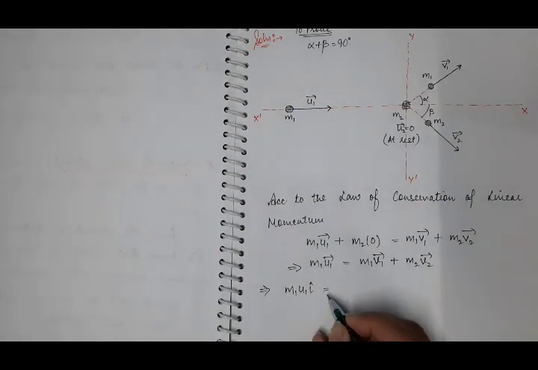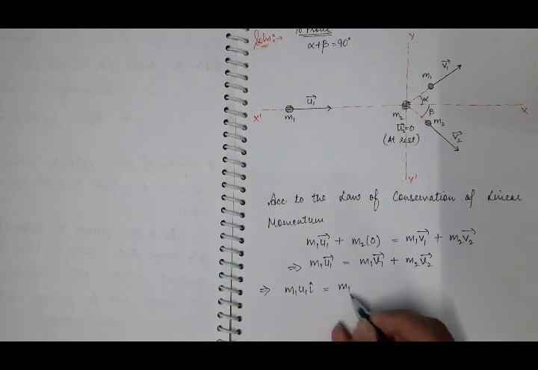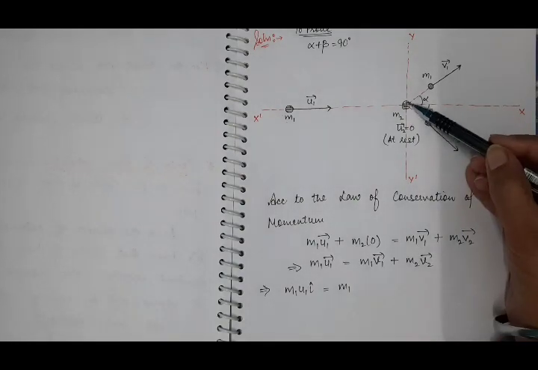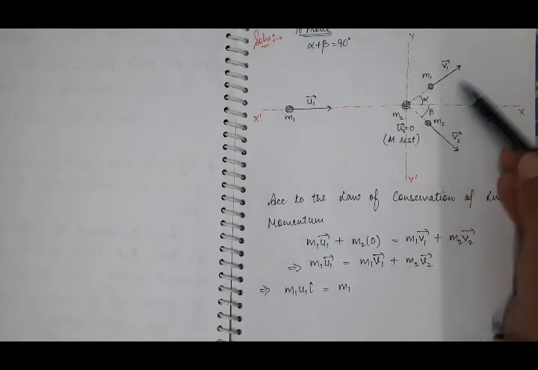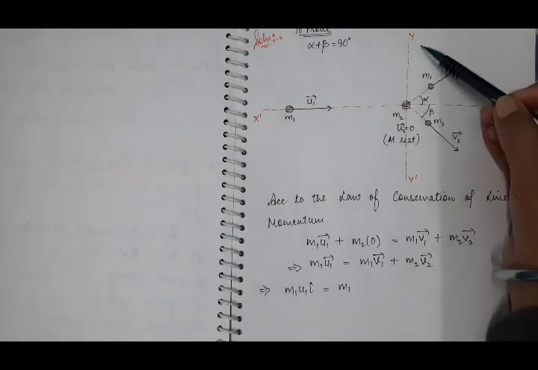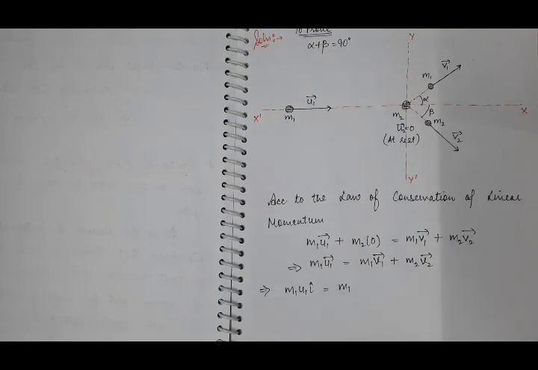Then it is equal to m1 and this v1, which is in the xy plane. Neither is it along the x-axis nor along the y-axis, so it will have components along the x-axis as well as along the y-axis.